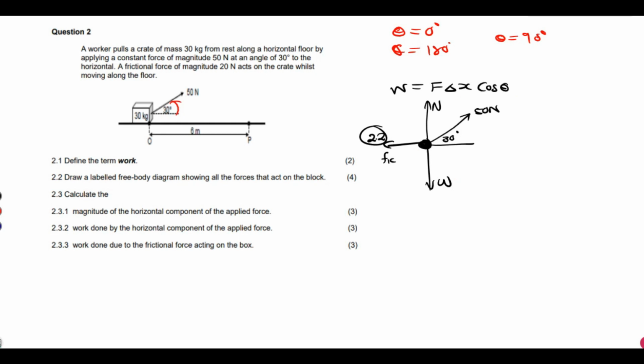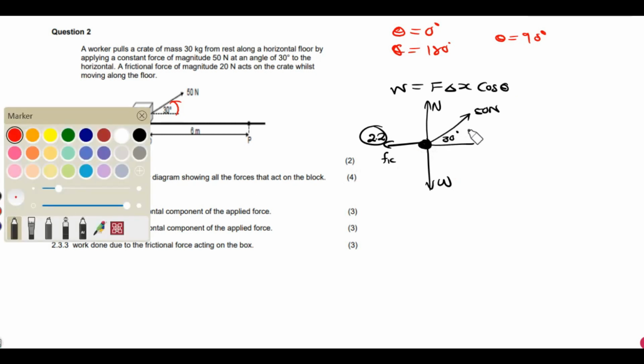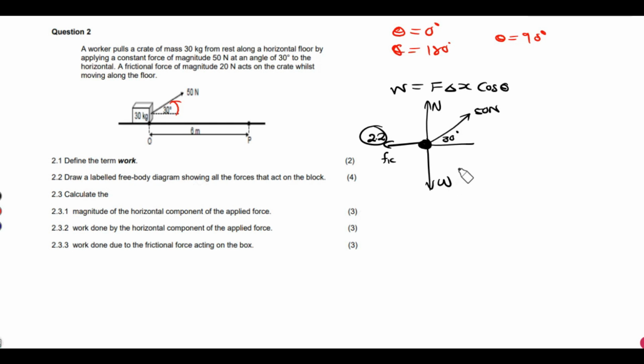Yes, this free body diagram is correct, but the problem is that the force is measured at a certain angle with respect to the x-axis, right? Okay, fine. It can work, but I'd prefer you to draw the free body diagram in this way now. Resolve it back to its components. Remember, it has a certain x component and it has a y component.